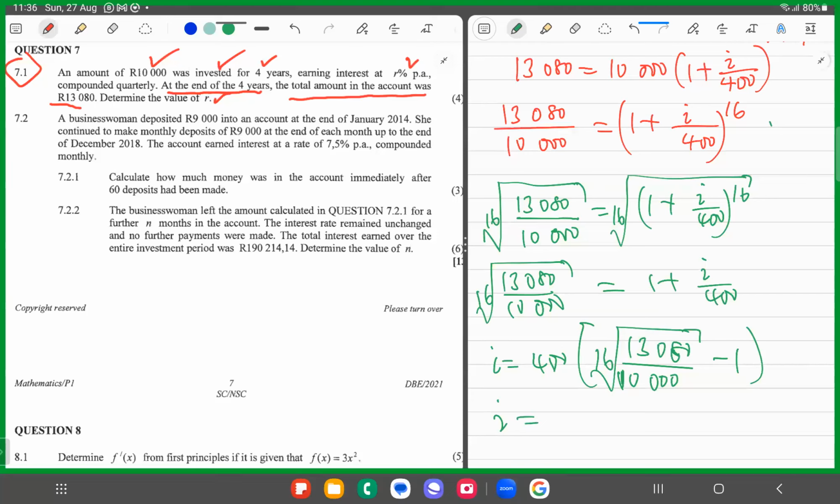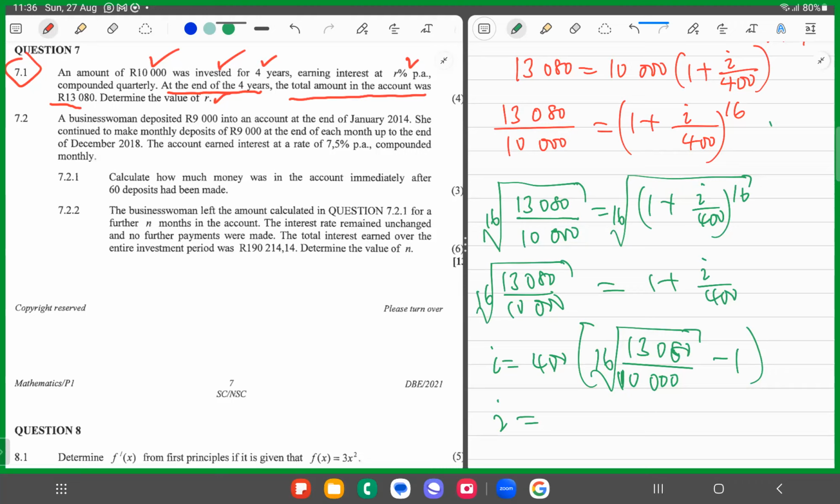You just need to do the calculation of these. What is the calculation of these? So we compute this one. To compute this one, we're going to do the 16th root of 13,080 divided by 10,000.